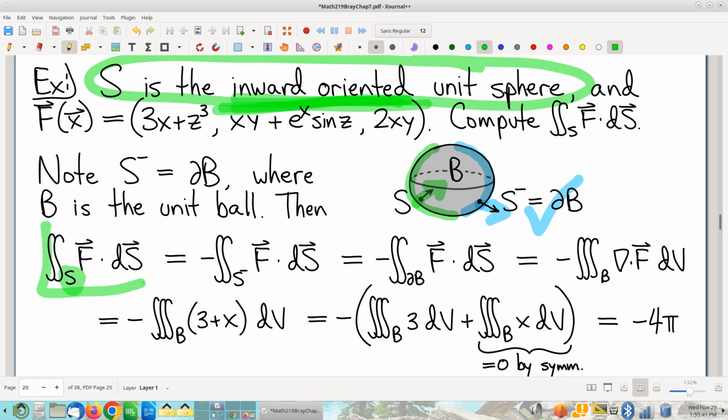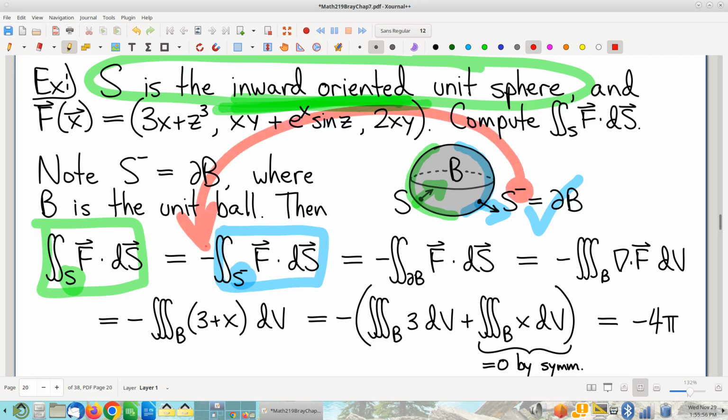The flux that we are actually interested in through the green surface and the flux that's easier to deal with because it's a boundary, namely through the blue surface, are just negatives of each other, because these two surfaces are identical except for orientation. Is that cool?